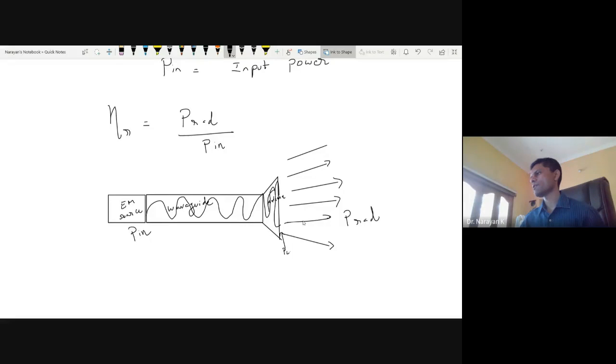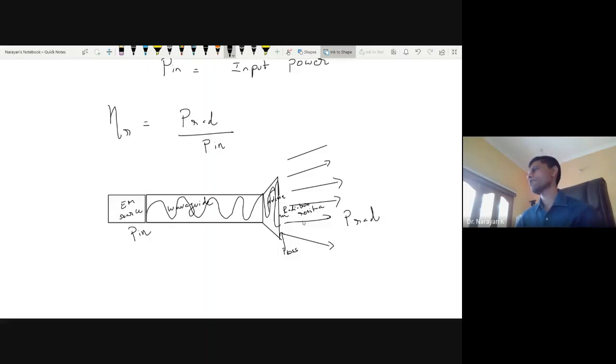So that is nothing but your power loss, and this power loss happens due to the free space resistance which is offered to the flow of the electromagnetic wave into free space. This is known as your radiation resistance. So it is nothing but a fictitious resistance. I will tell you the definition later.